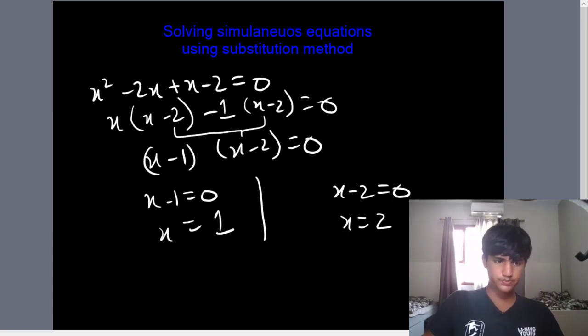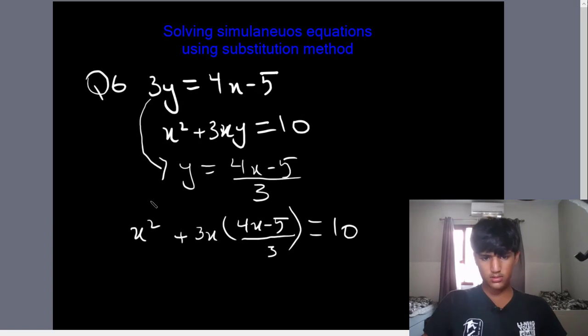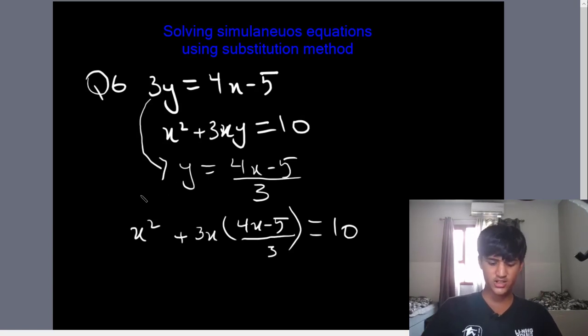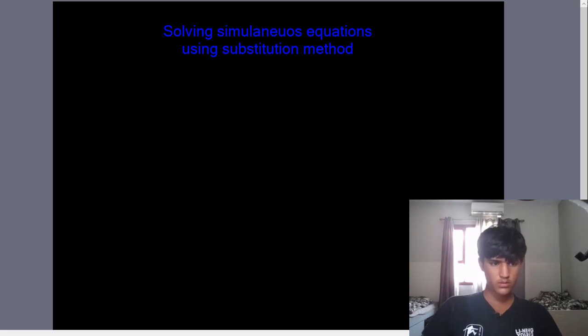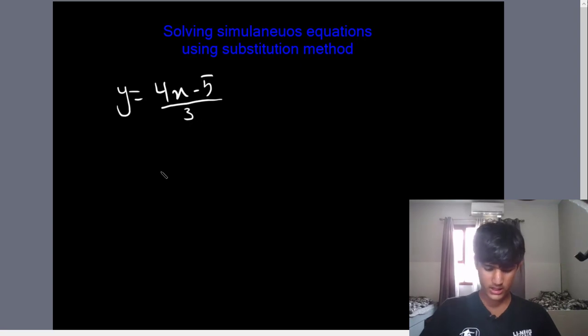Now we need to put these into the original equation, which was y is equal to 4x minus 5 upon 3.